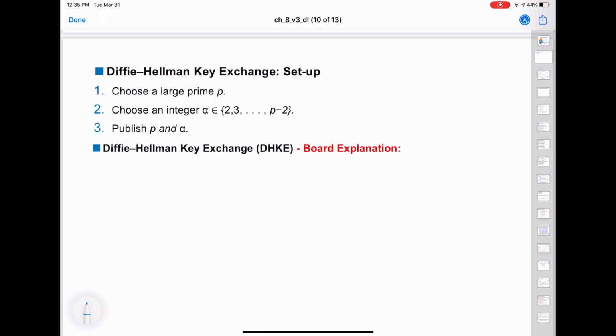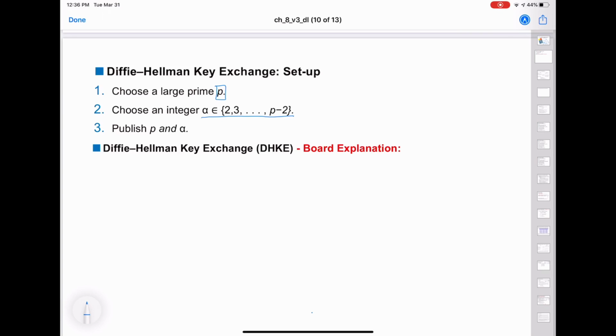First of all, before you start, you have to set up the key. So we have to choose a large prime P, and the next one is to choose an integer alpha from the set 2 to P minus 2.